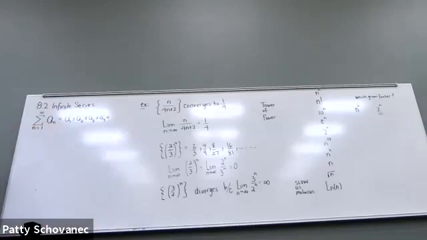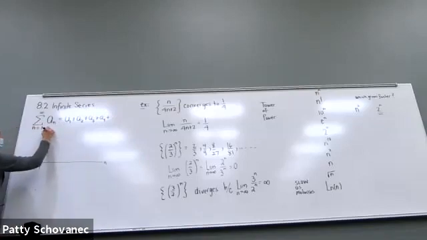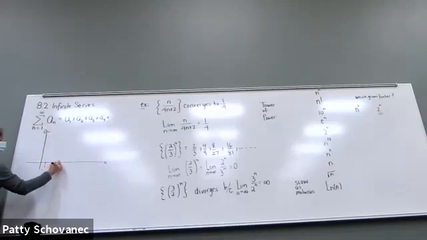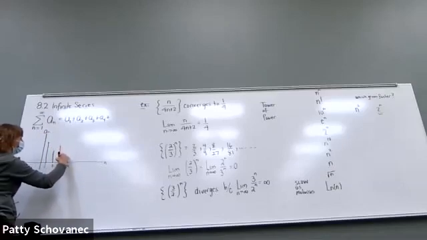So we can kind of picture an infinite series as being the sum of the lengths of the sticks above each counting number. So if this is N, and these are the a_n's, this is 1, 2, 3, 4. Suppose a1 is here. Then this length represents our first term. And if a2 is here, then we got that length. And if a3 might be here, we got that one.